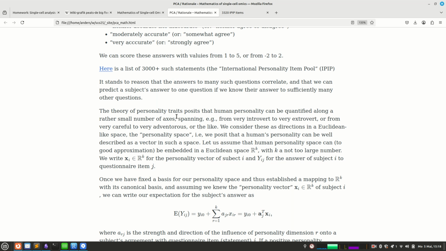But we don't know yet whether these different directions are orthogonal, or whether they are sort of collinear in the sense that somebody who's high in one thing also tends to be high along the other thing.